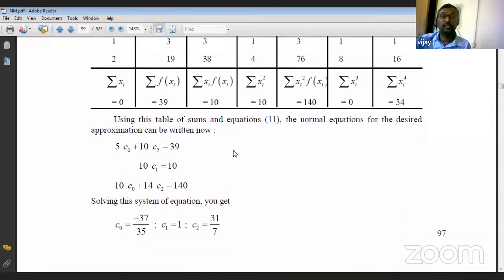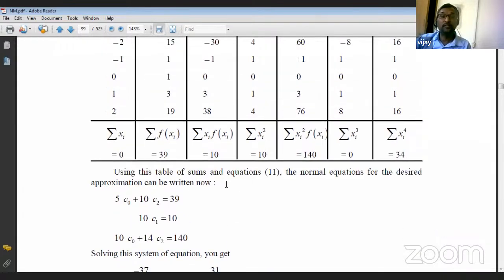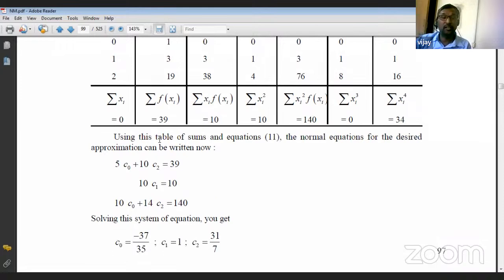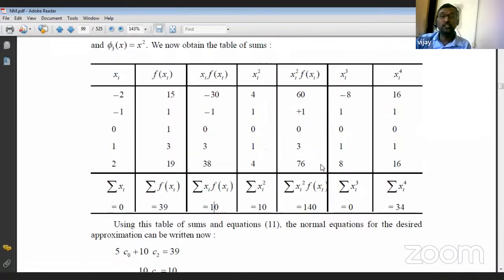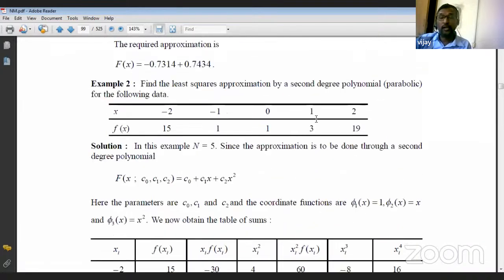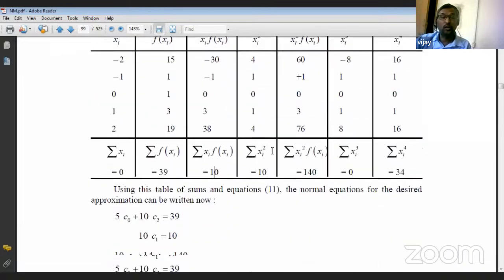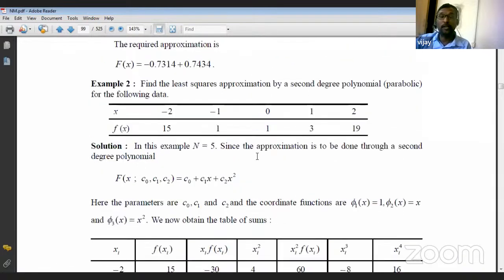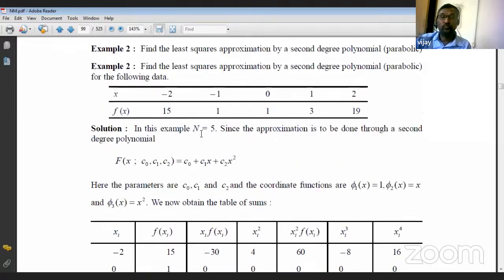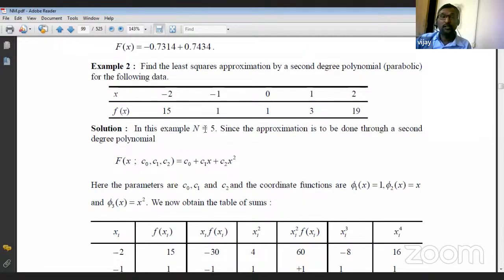So set my 5x again. Then 10C1 is equal to 10. I am writing the system of equations. And 10C0, what is 10C0 here? 2 squared and 1 squared, that is 10C0. And 14C2 also we can multiply with squares here. 4 plus 14 into 2 squared, 8 plus 1.